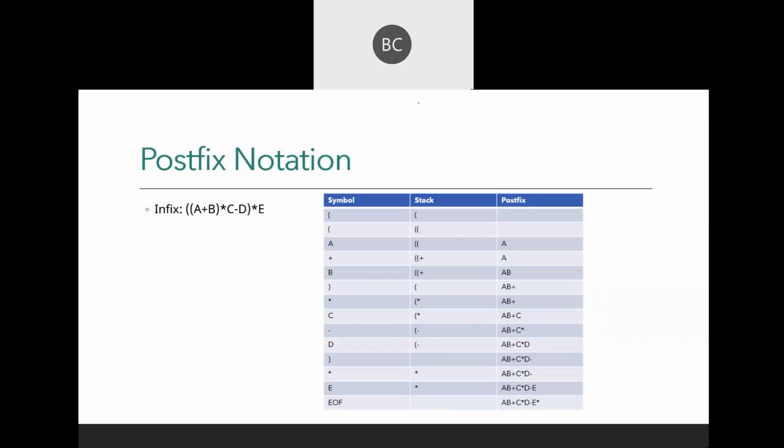So what's the rule? Whenever you find an operator, you push it to the stack. Whenever you see an operand, you will write it in the postfix portion. Again, if you find a left parenthesis, push it on the stack.